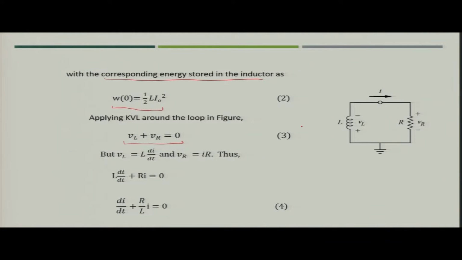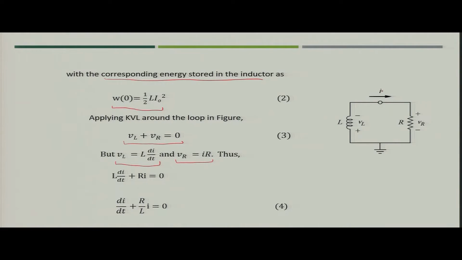That means VL plus VR equals 0. The voltage across the inductor is given by L di by dt, and the voltage across the resistance is i into R, where i is the current flowing in the loop.